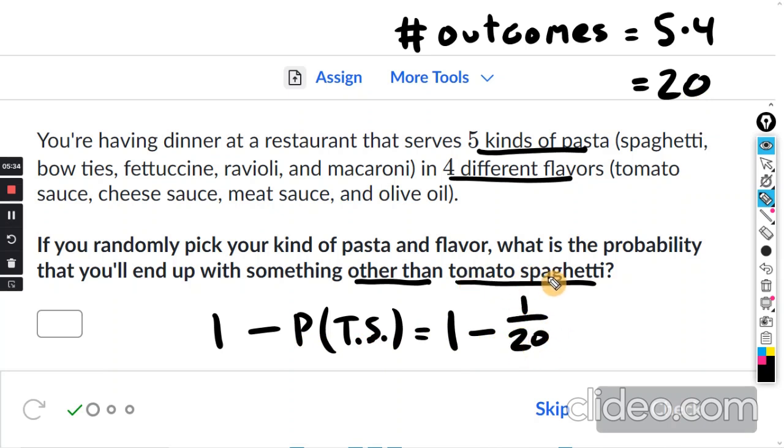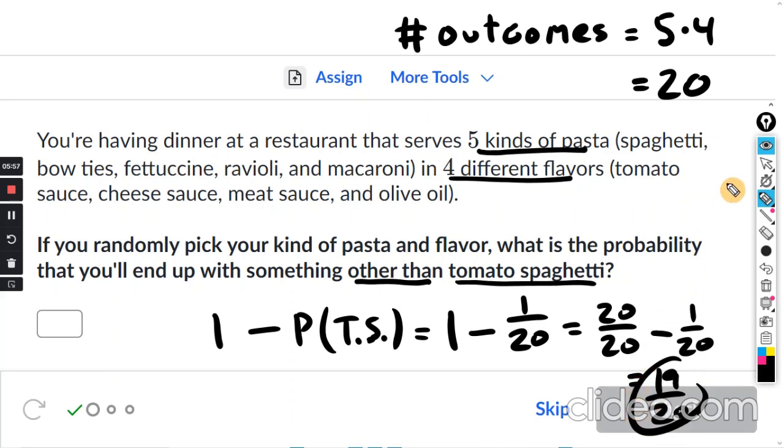All right, tomato spaghetti is only 1 outcome of 20. I didn't want to write all of them. Maybe I will if I get a chance. And 1 minus 1 over 20, 1 is the same as 20 over 20. Minus 1 over 20, that's just 19 over 20. Final answer. 19 over 20.